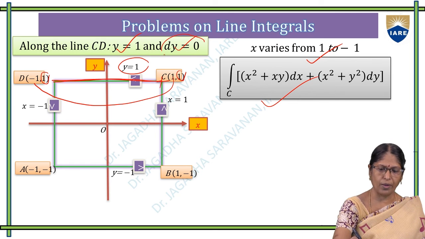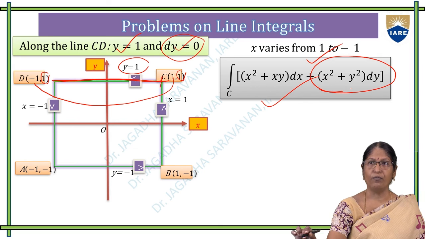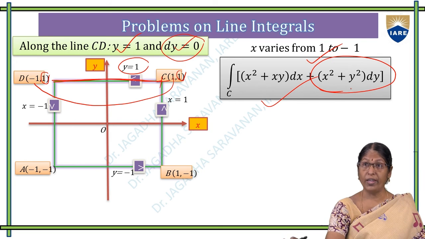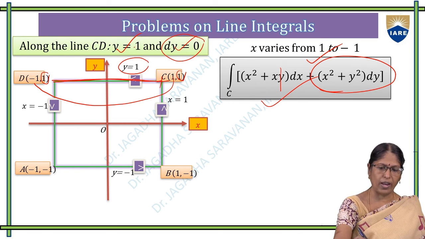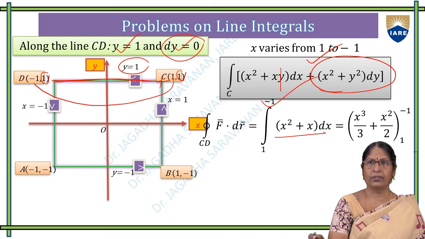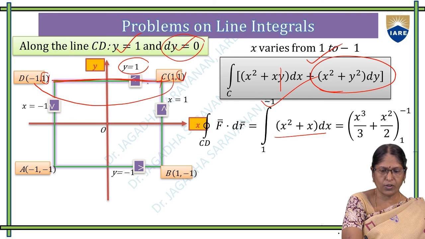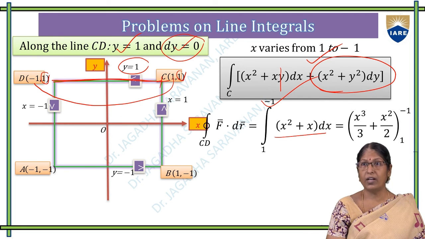So dy equal to 0 completely vanishes, and we replace y by its value 1. So we obtained this. Along CD, the line integral we are evaluating is x square plus x, a simple integral.